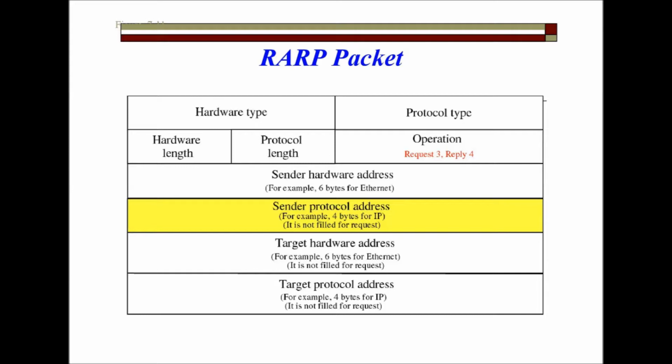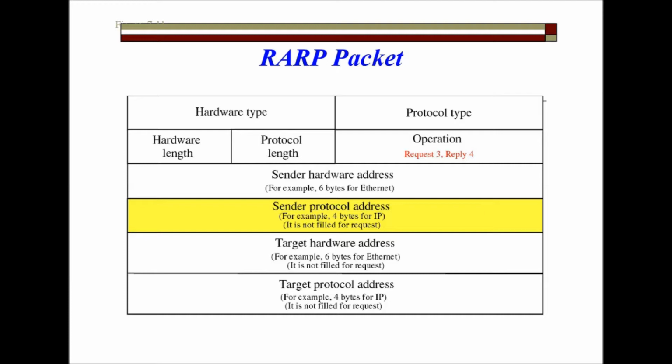First of all is HTYPE, which is hardware type, and this is a 16-bit field which is used for hardware, and normally Ethernet is given the type 1. Ethernet is also a local area network and type 1 is identified for Ethernet, and it means that as ARP can be used for any physical network, reverse ARP also can be used for any physical network.